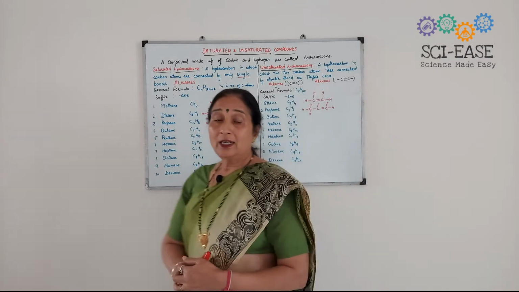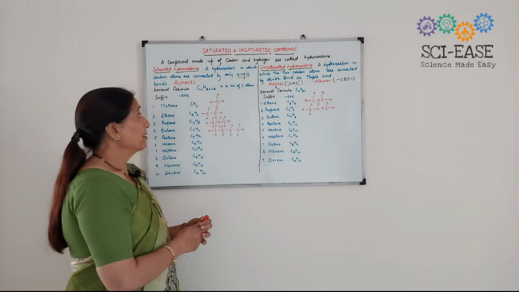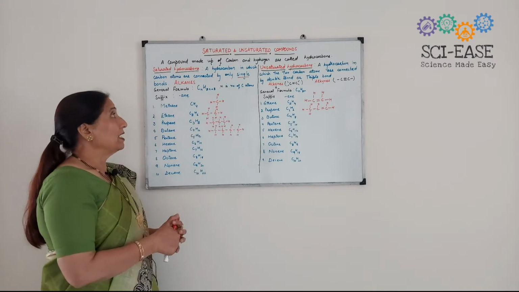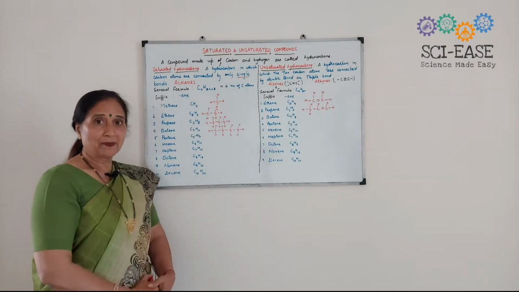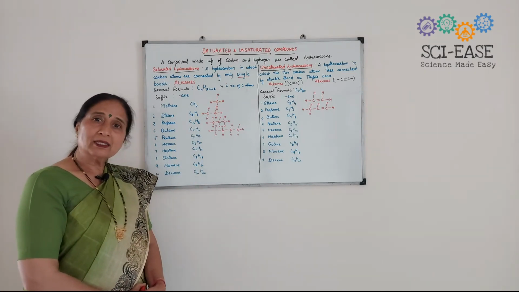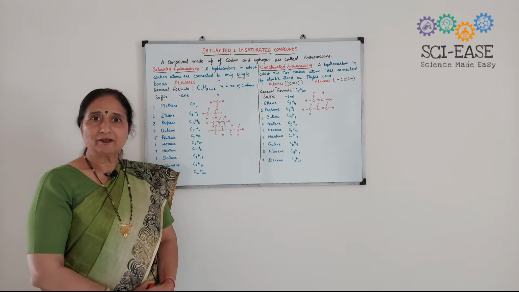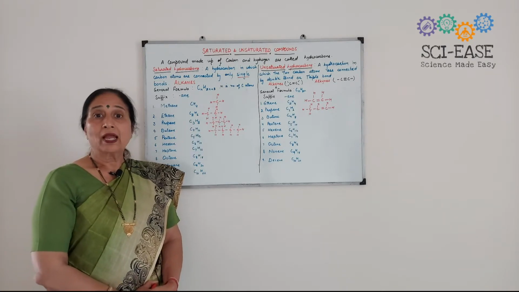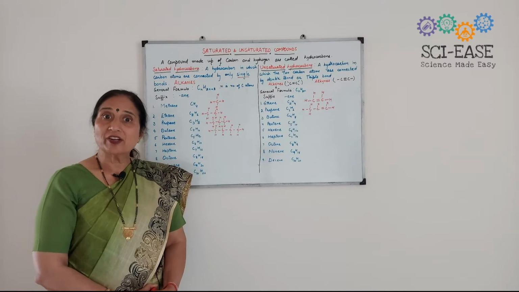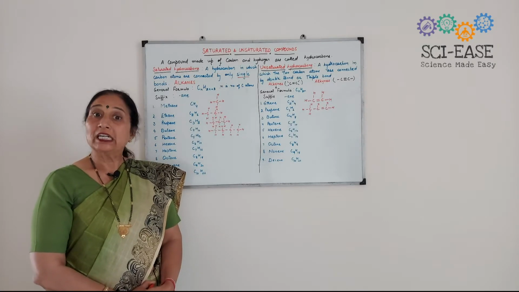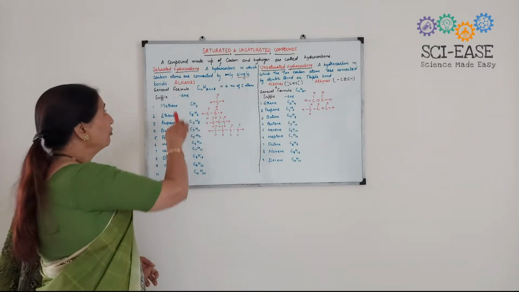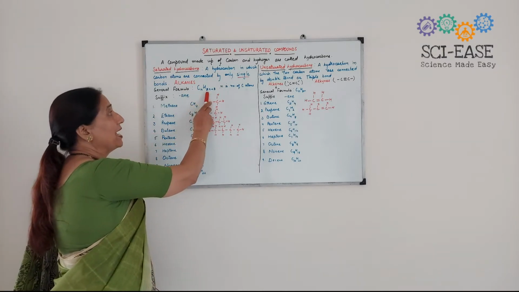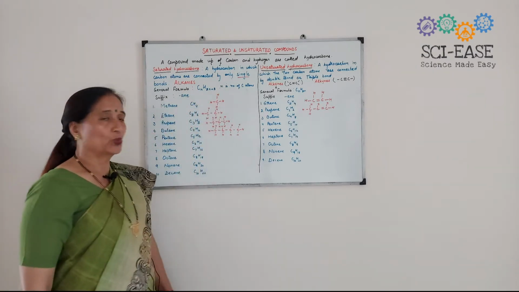We will discuss in detail about the alkanes. Alkanes, they are unreactive. And what is the general formula of alkanes? The general formula is CnH2n+2.